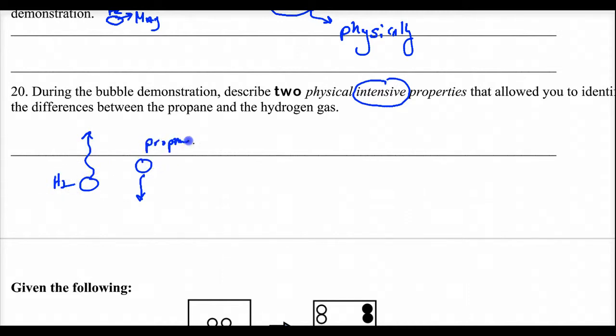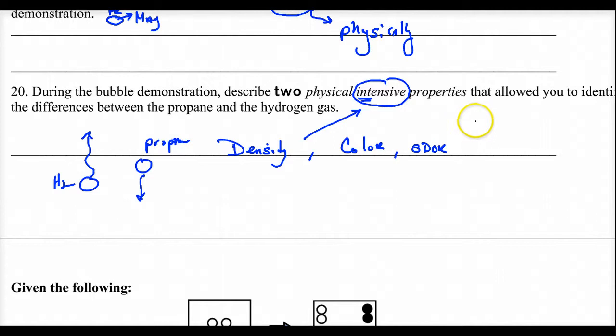So you were using density, like we've been using for a lot of our labs, as a physical intensive property, to identify. Now, if you mentioned one went up and one went down, you were still talking about density as only one property. You could mention color. You could mention odor. All of these are great physical intensive properties that we can identify things with.